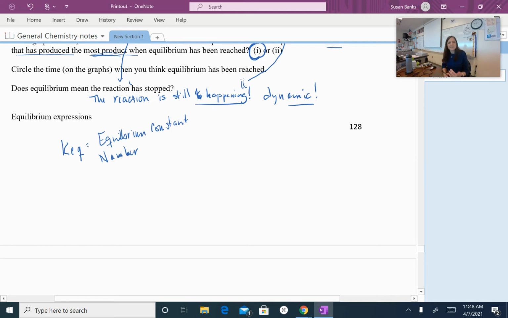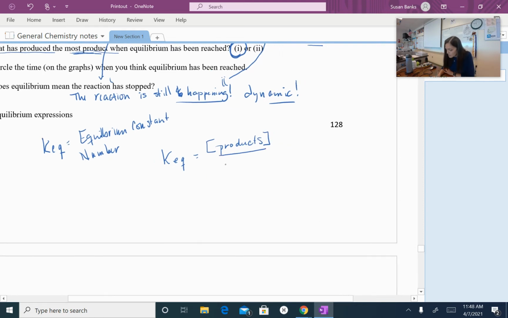And this number doesn't have any units with it, so you don't really have to worry about units. But when we create an equilibrium expression, we always put the concentration of products on top, and we put the concentration of reactants on bottom. Now remember, I'm using these square brackets.